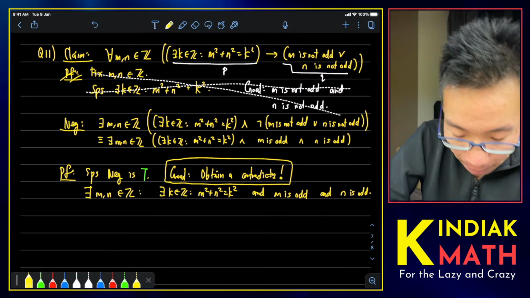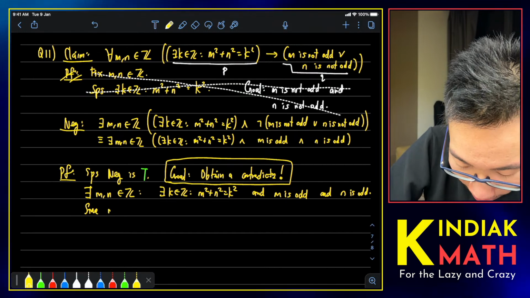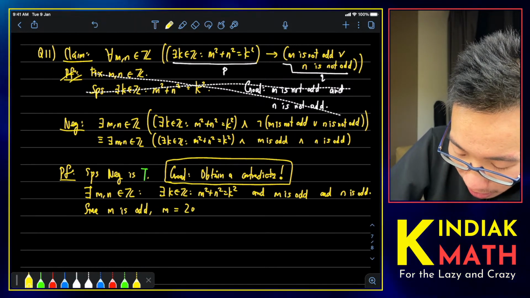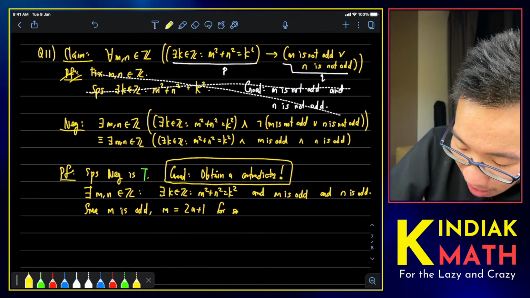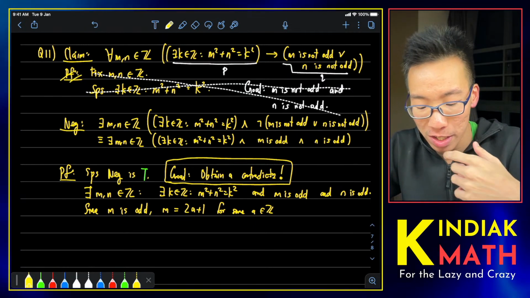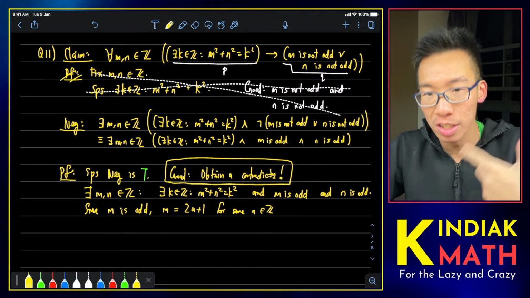Since m is odd, m equals 2a plus 1 for some integer a. Indeed, that's what it means for an integer to be odd: it is 2 times some integer plus 1.